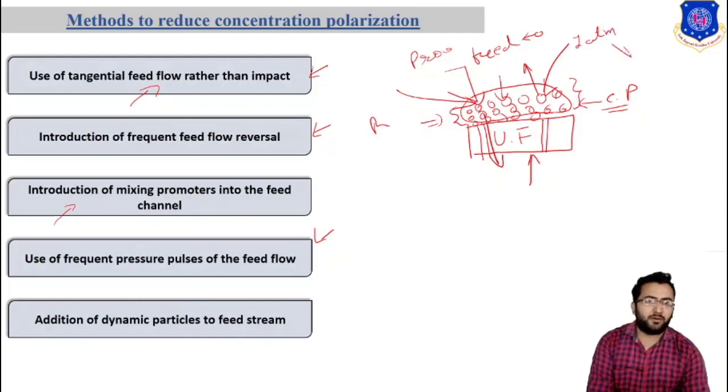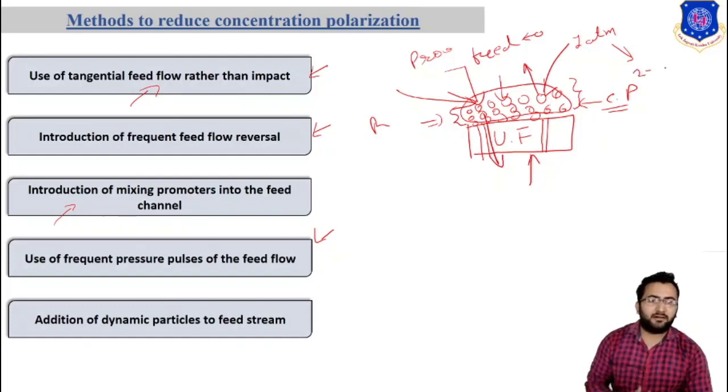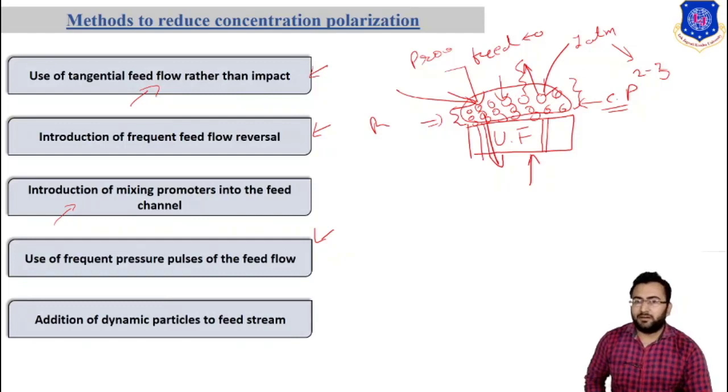So we have to apply a pulsation method. For 2 or 3 seconds, we have to suddenly increase the pressure from 2 atmospheres to 3 atmospheres, so that a pulse will be created, and due to this pulse the accumulation of solute on the surface will be removed.